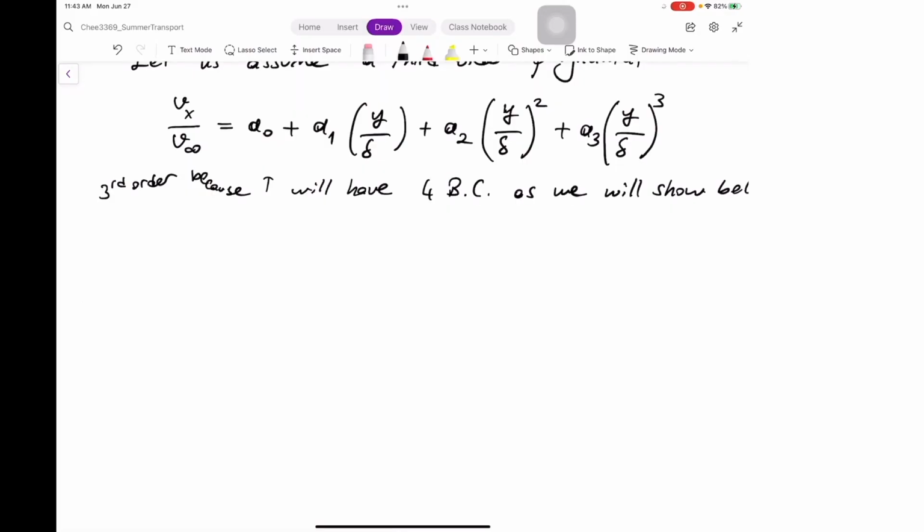So boundary conditions are as follows. The first one is at y is equal to 0, Vx is equal to 0.